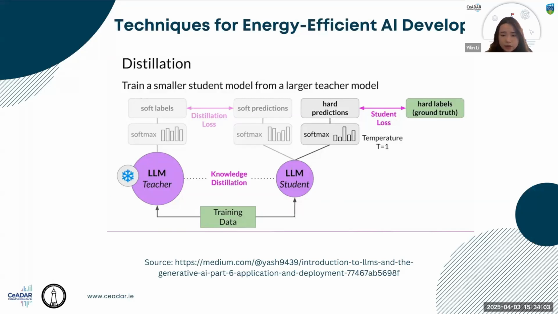The idea is the teacher already knows how to solve the task, so the student just learns to copy this behavior. This process is called knowledge distillation. It helps the student model learn faster and better even with fewer parameters. The result is a much smaller model that still performs well, and is faster and more energy efficient during inference.